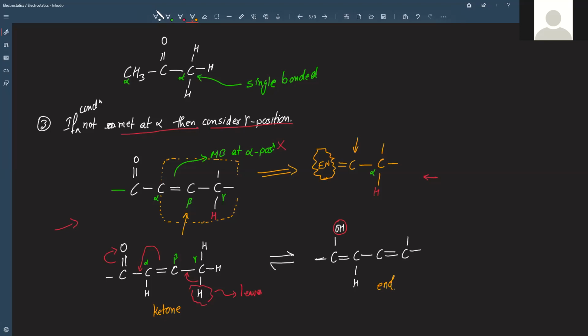Can you explain the mechanism again? How did you get the hydrogen in the second carbon when only OH formed? How did that one H remain on the alpha carbon? One of the H went to OH, right?